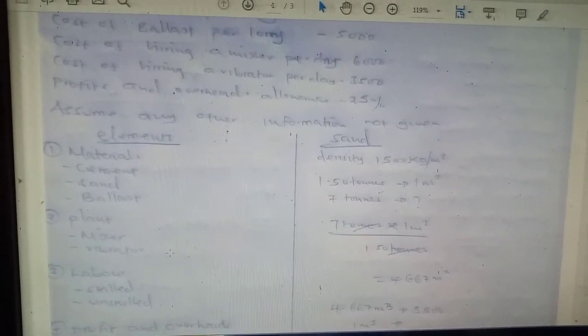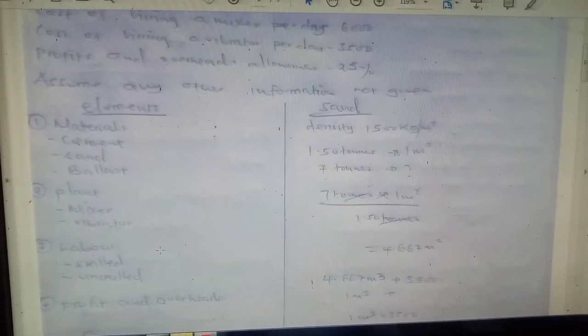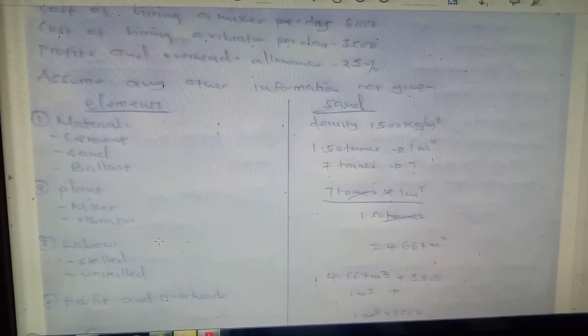Then the cost of sand. The second material element is sand. The density we are not given, so we decided to use 1,500 kgs per meter cube. So 1,500 kgs is equivalent to 1.5 tons, because 1,000 kgs is equal to 1 ton.